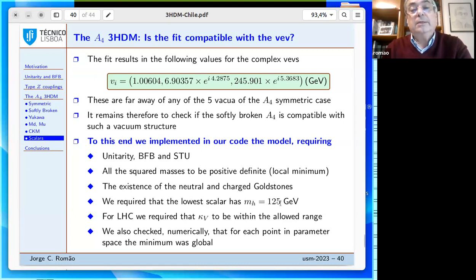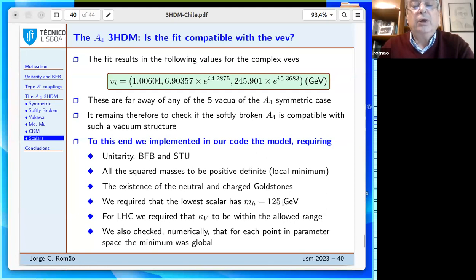Of course, in this process, we are doing it in a completely opposite way, as I was explaining before in the Z3 or Z2 cross Z2, because we are not inputting the masses, but we are getting the masses through diagonalization. We are not sure that when you diagonalize the mass matrix for the scalars you get the 125.